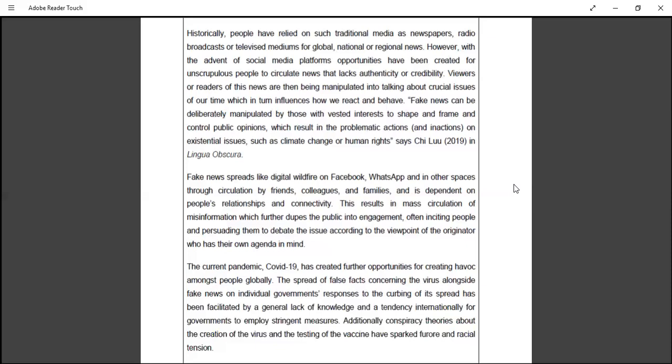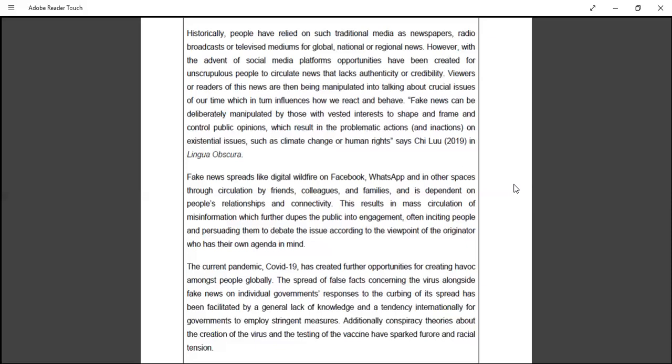Viewers or readers of these news have then been manipulated into talking about crucial issues of our time, which in turn influences how we react and behave.